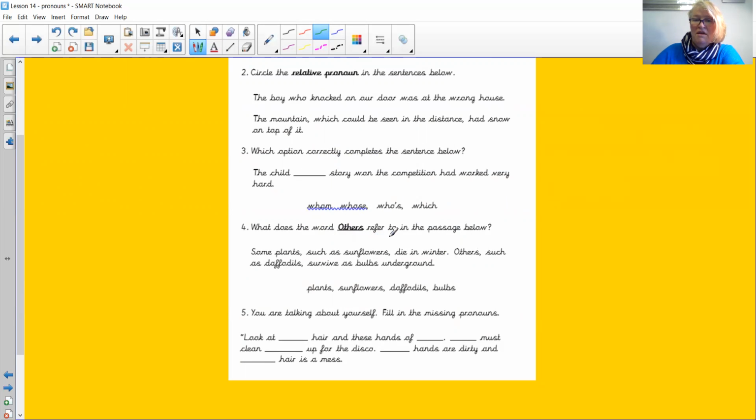What does the word others refer to in the passage below? Again, you've got a choice there. In your sentence, underline the appropriate one, the one that others refers to. Might be more than one as well, mightn't it? Think about that.